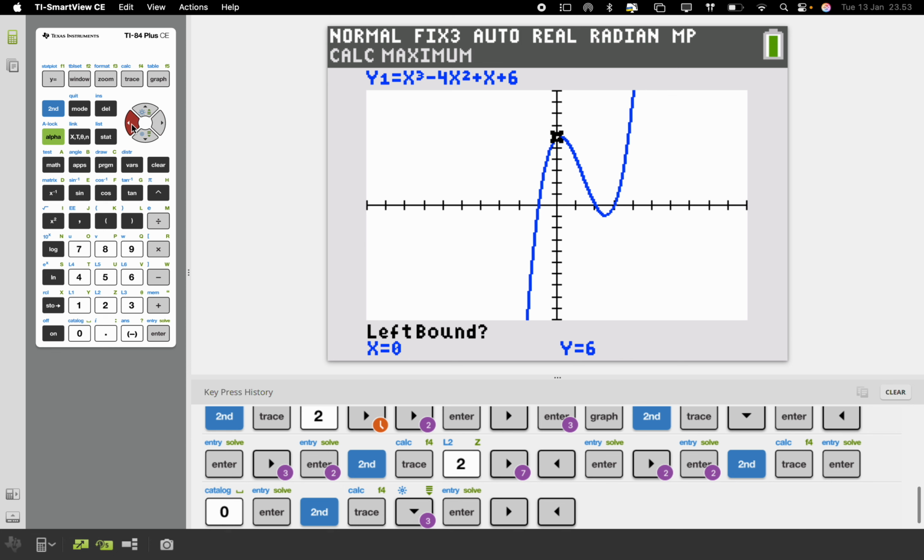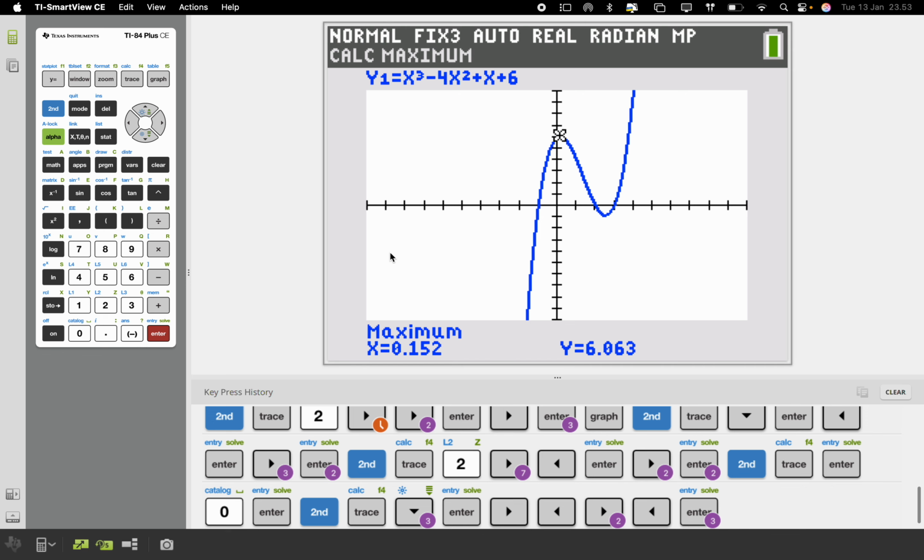That is not the maximum value of y, so we move our cursor to the right side. Now this value is the guess value, 6.063. Press enter, then again the same right bound, press enter and enter. So that's the maximum value of this function, at x equal to 0.152.